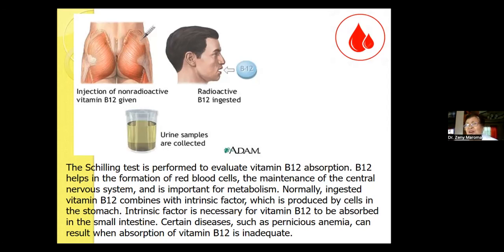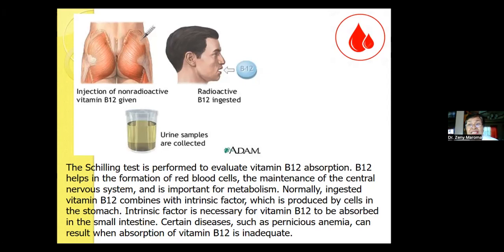Ano ibig sabihin yon sa inyo? Hindi na-absorb sa GIT yung ininom niyang radioactive B12 kasi walang intrinsic factor. Nakalalamang pernicious anemia. This time, bigyan ng parenteral intrinsic factor. Collect again the urine. And the urine now is positive for vitamin B12.